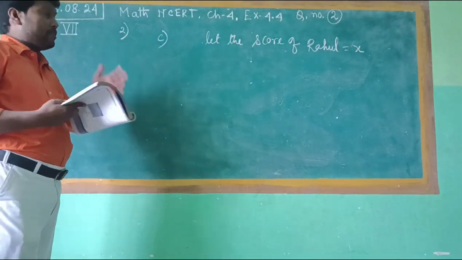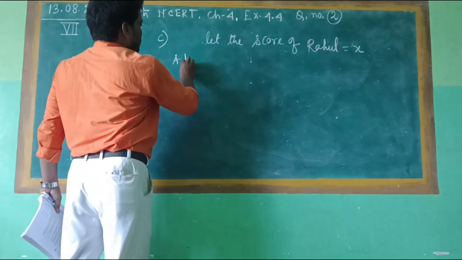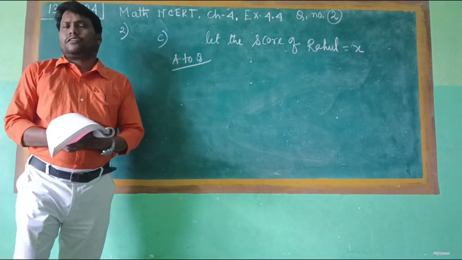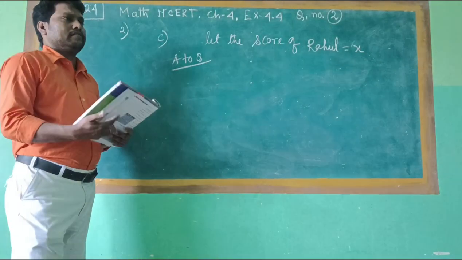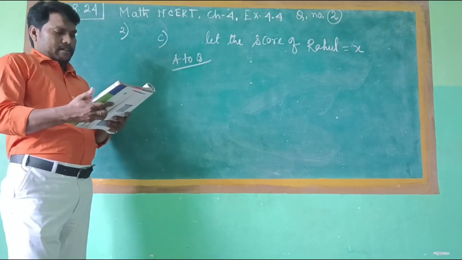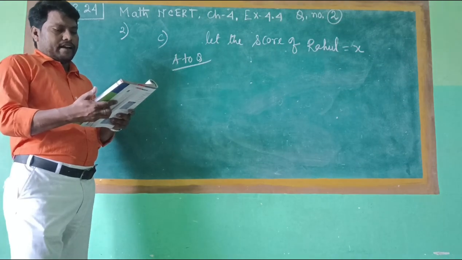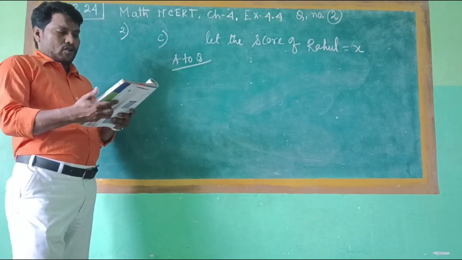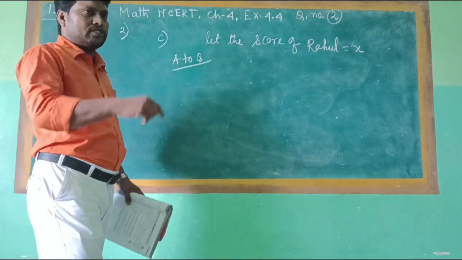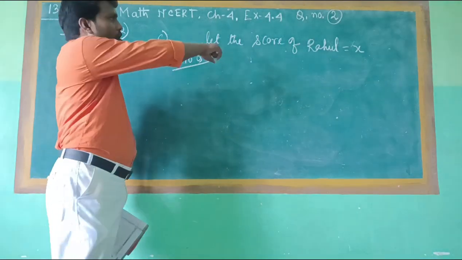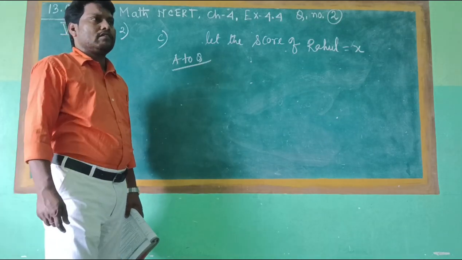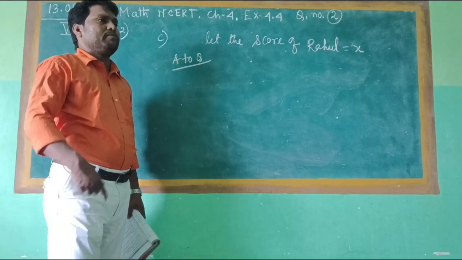So what will be the equation according to the question? Together their runs fell 2 short of a double century. Sachin scored twice of Rahul's score.